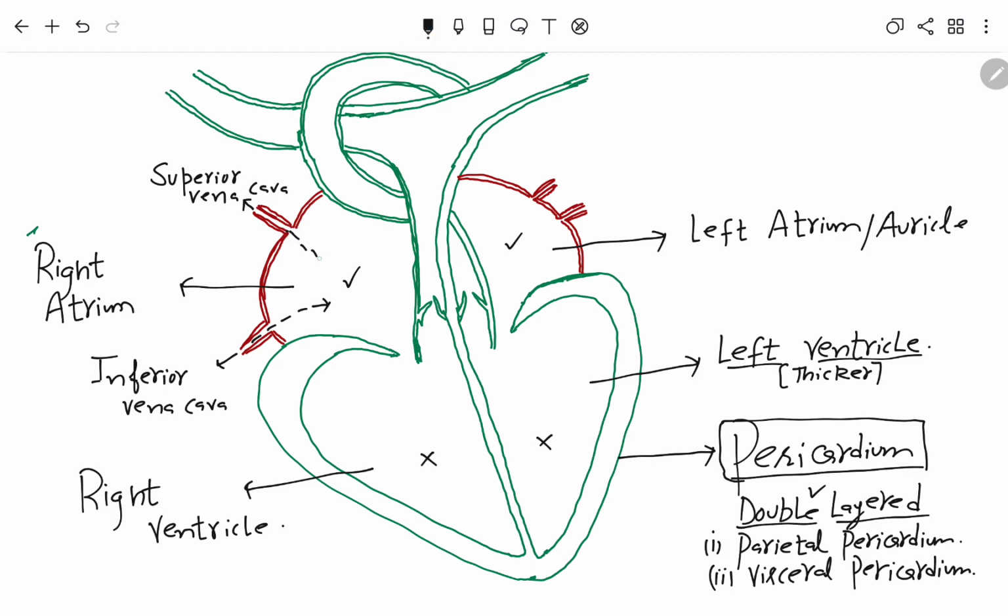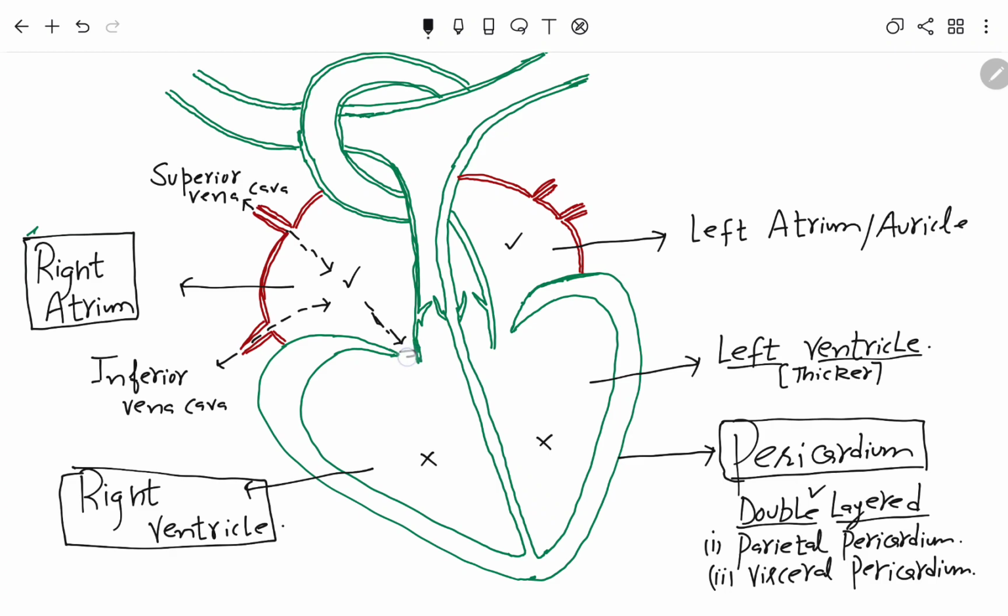Right? So हमारे इस चैम्बर में deoxygenated blood आ गया. Now when the right atrium will get filled with deoxygenated blood, it will pump. That blood will start moving towards the lower chamber on the right side, and this lower chamber is known as right ventricle.